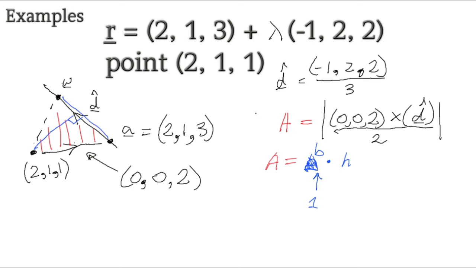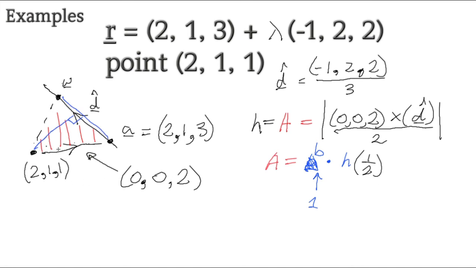So this will be the height, or the minimum distance between the point and the line. And so height equals this cross d hat all over 2. So let's find that. Actually, this is b h times a half.